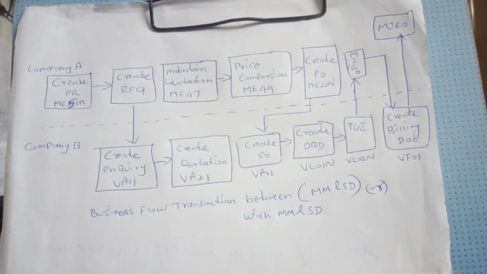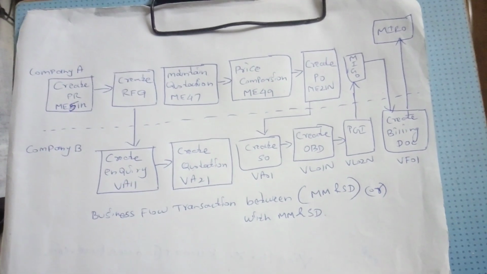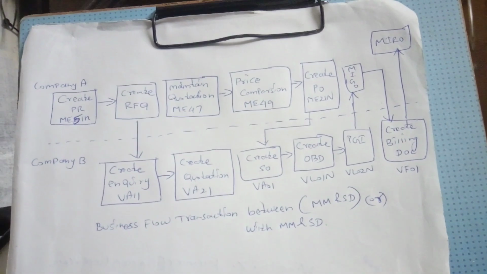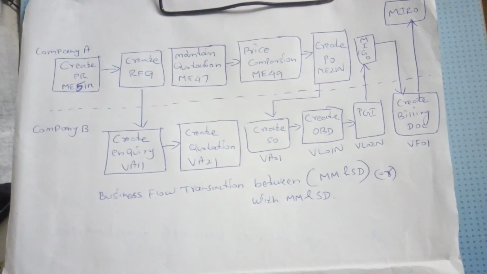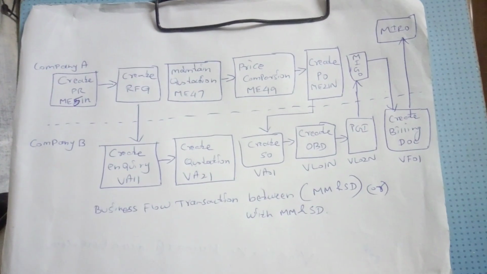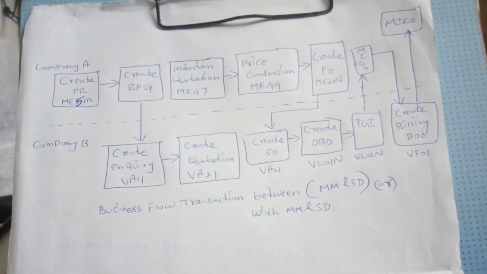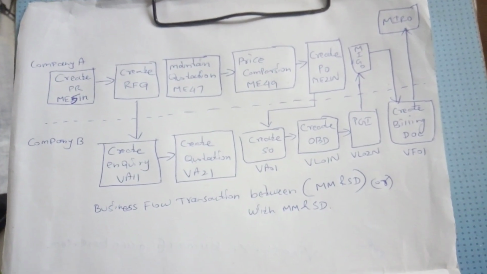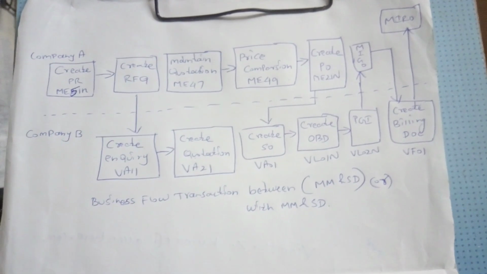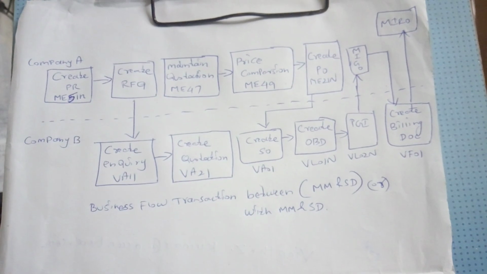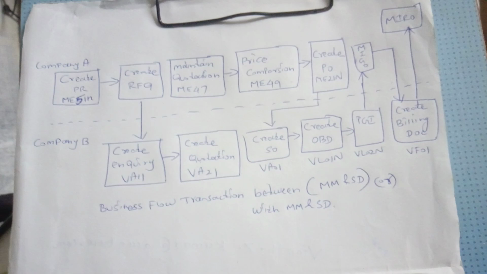So now the buyer will create a purchase order in the MM module. The PO is created referring to our quotation received. The quotation sent by company B will be recorded in the maintain transaction ME47, and the buyer doing the price comparison between the different quotations received from the different vendors, and the purchasing agreements and everything, is doing this price comparison in ME49.